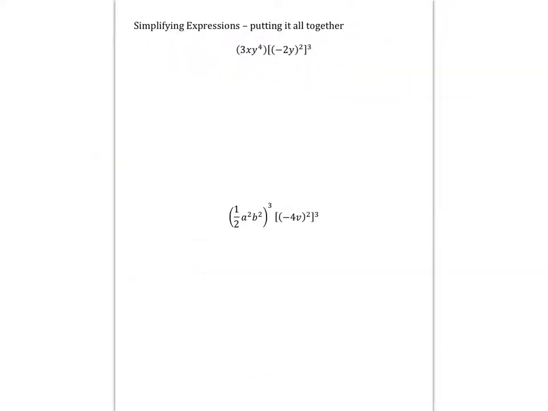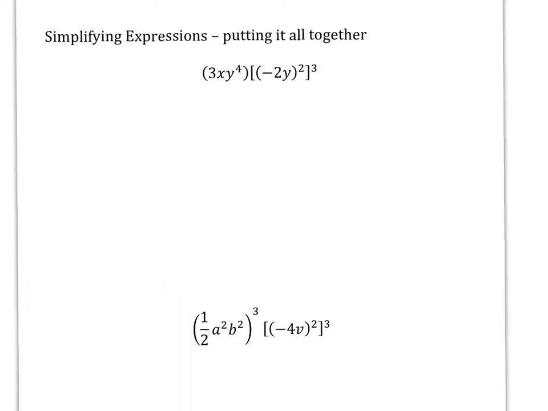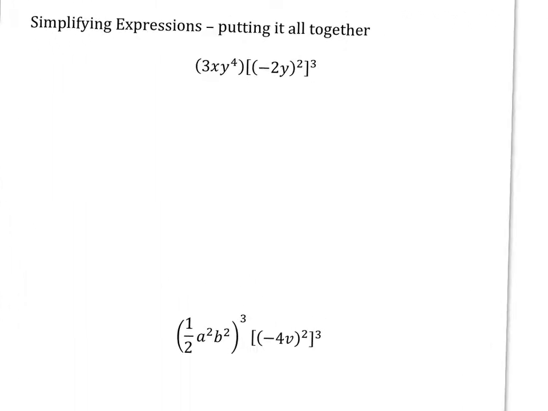Now let's simplify expressions and put it all together. So with this first example, I'm going to zoom in here. 3xy to the 4th is 3xy to the 4th. That's not to any power. But then here, I'm going to multiply those 2 and the 3 to give us 6, and I'm going to distribute the 6th. And I'm going to multiply and say negative 2 to the 6th, y to the 6th.